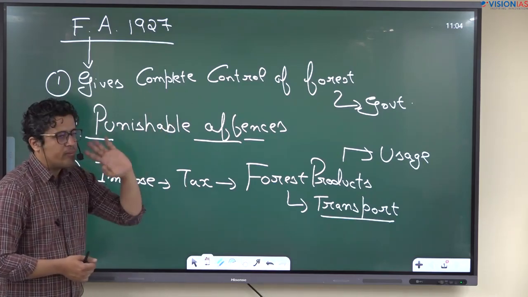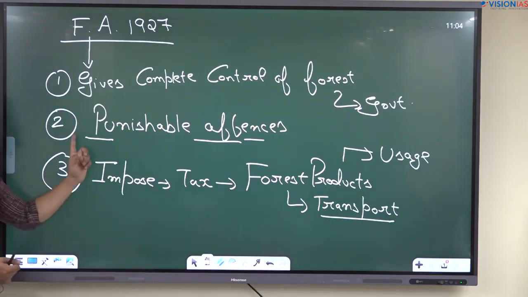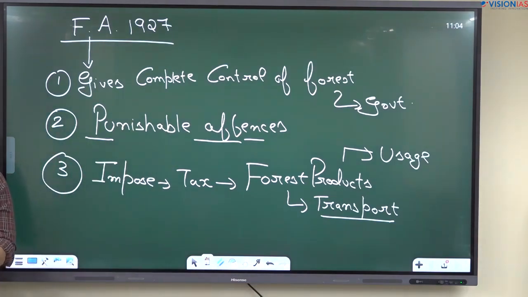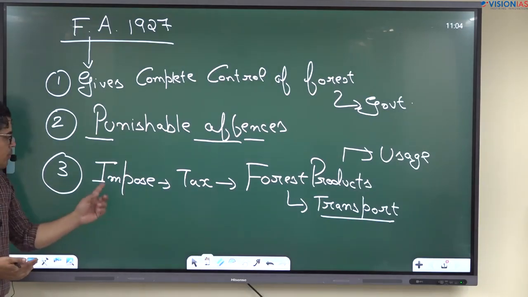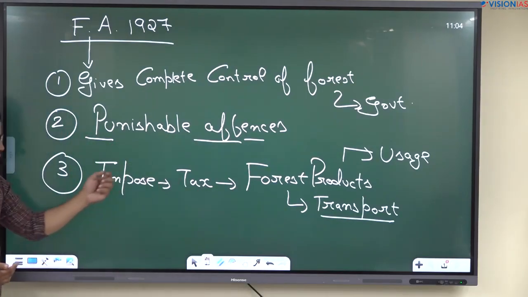Now the government has complete control of the forest. Earlier Britishers had. Punishable offenses, what is not allowed in the forest? So still they are punishable offenses. You cannot go inside a forest and cut a tree. It is an offense. Britishers imposed a tax on forest products. So it is still applicable. You are using something from the forest, you have to pay a tax.